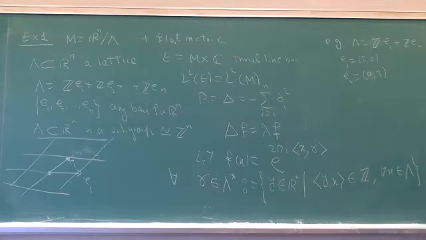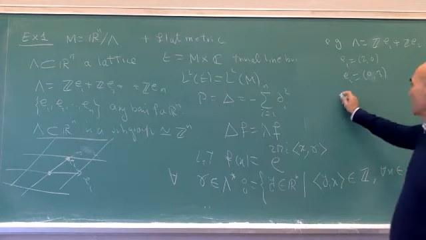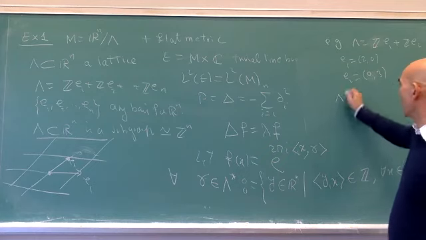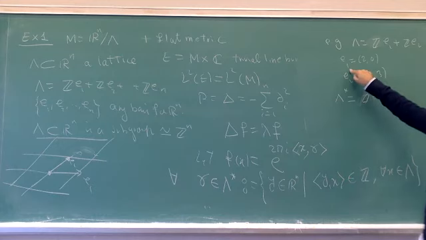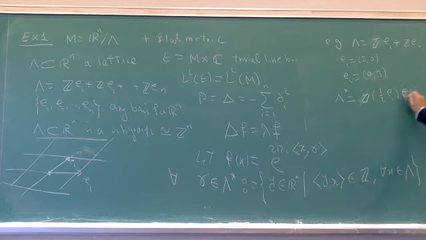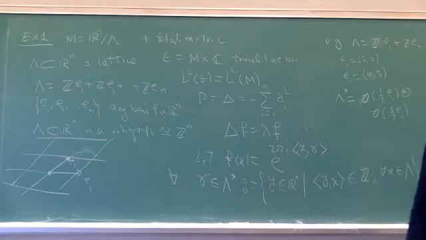So it's twice the unit vector in this direction and three times that. Then I can argue that lambda star is going to be Z times half of e1 plus Z times one third of e2. This we can prove; it's not difficult.